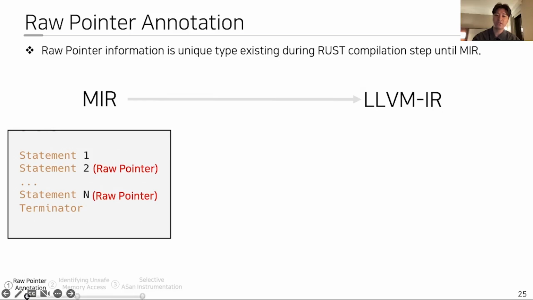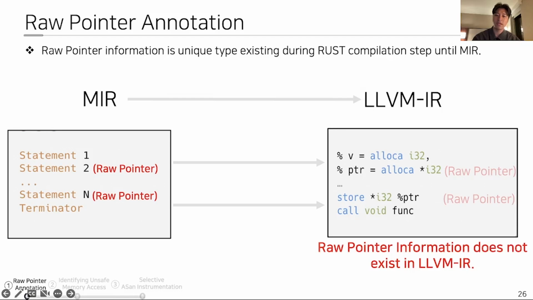Raw pointer information is only available at the MIR level, as a raw pointer is transformed into a pointer with the same type as the safe references at the LLVM-IR level. It makes it hard to differentiate a raw pointer from other safe pointers which are governed by Rust safety rules in the LLVM-IR phase. Because raw pointers are unique information for Rust, while the pointers have the same type in LLVM-IR as other programming languages like C and C++ also use LLVM-IR.